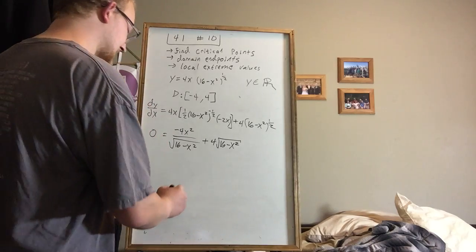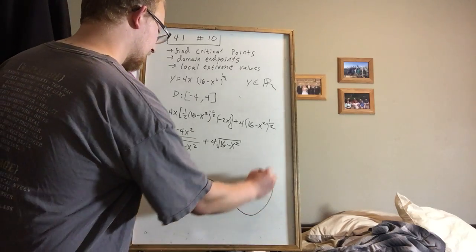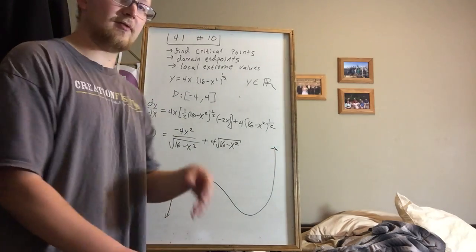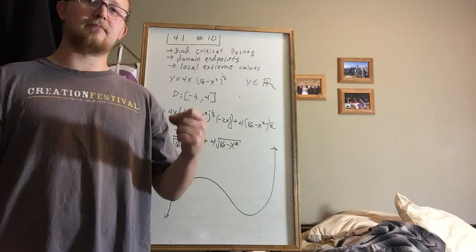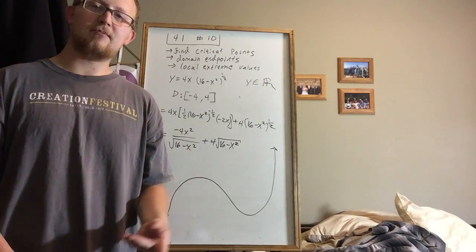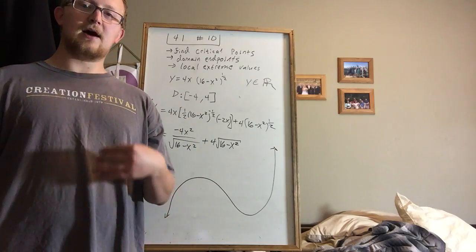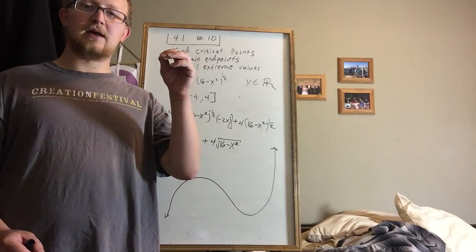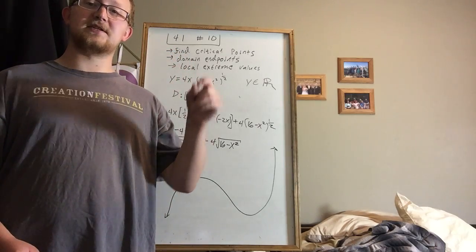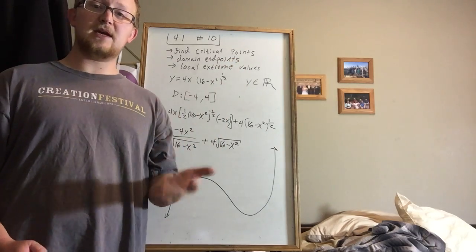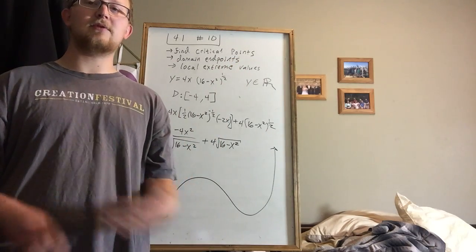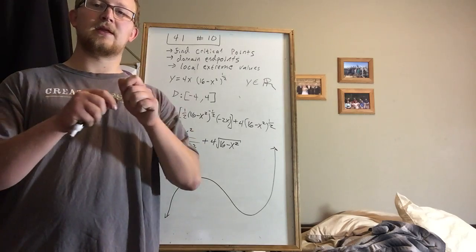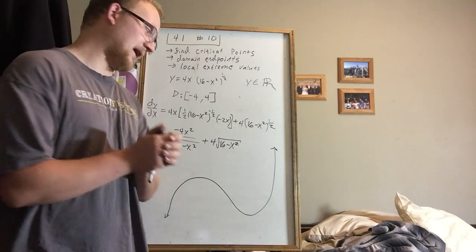And the reason why is, let's say that we have a graph like this. So when we're looking for extrema, we're talking about local maxima and minima. And what I mean by local is, for example, Mount Denali in Alaska would be a local maximum, even though Mount Everest is taller. So in other words, to be a local maxima, you don't need to be the tallest thing in the whole graph. You just need to be the tallest thing with reference to the areas you're around.